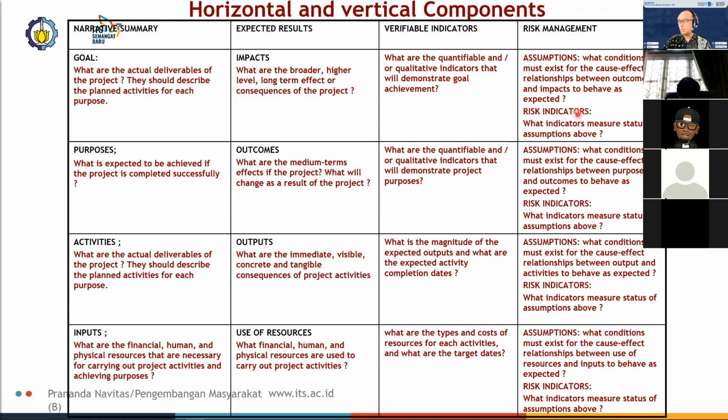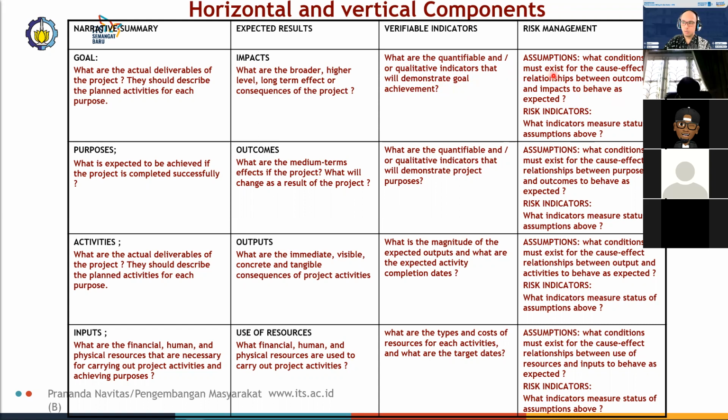So basically, within risk management, for example, if you have 500 books as your verifiable indicator, that's a good solid number. 500 books.